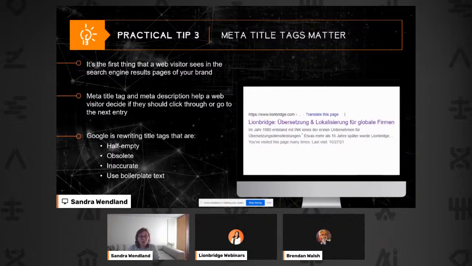And that way you will avoid automatic title tags that you don't like by Google. So just keep in mind, the title tags are really important because they're part of that conversion. That's the first thing people will see of your brand in the search engine results pages. And invest in writing good title tags is my tip of the day there.